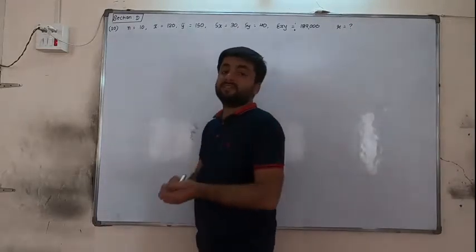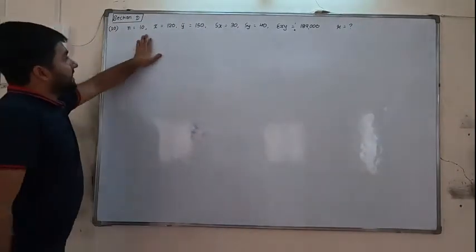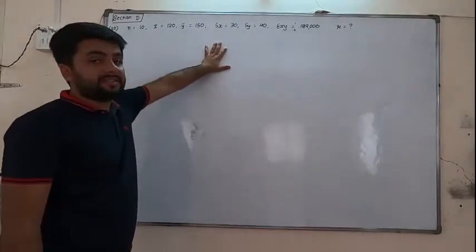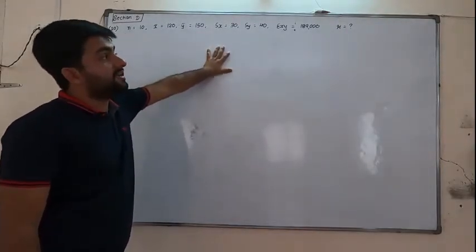So first see the values which are given. n, x bar, y bar are given, sx, sy are given. Covariance is not given, so n is used, and sigma xy is there.